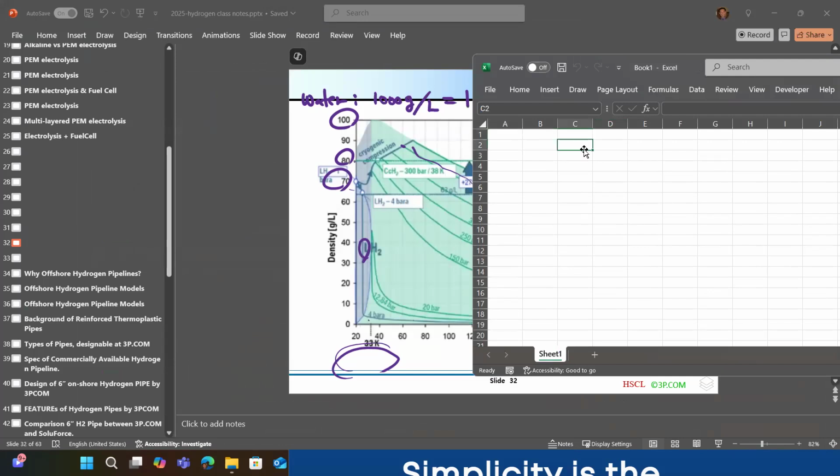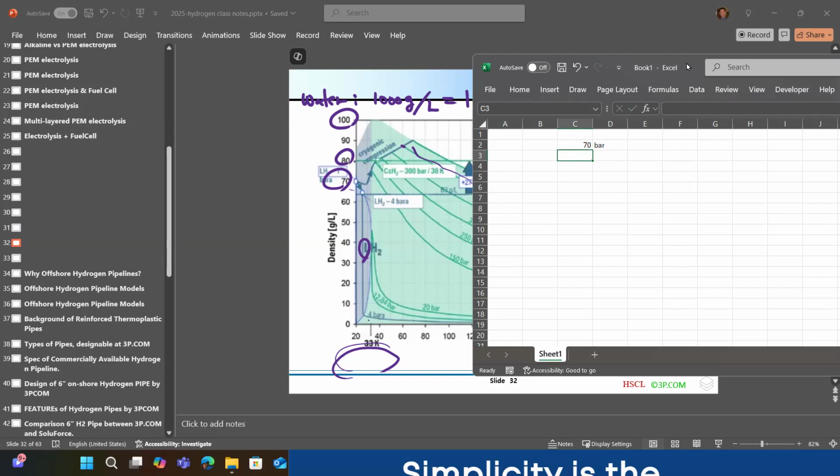Okay, so I would say 70 bar. Bar is about the pressure, and this gives us the density.